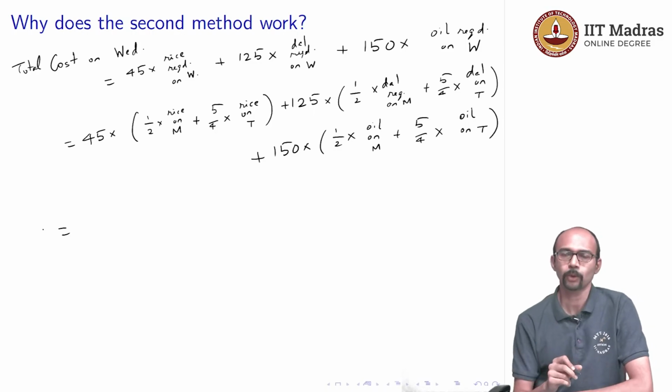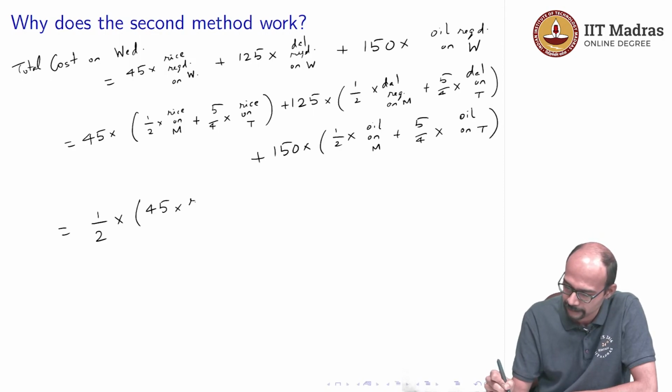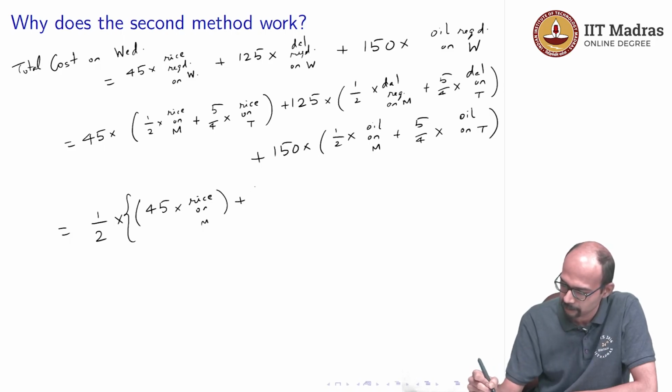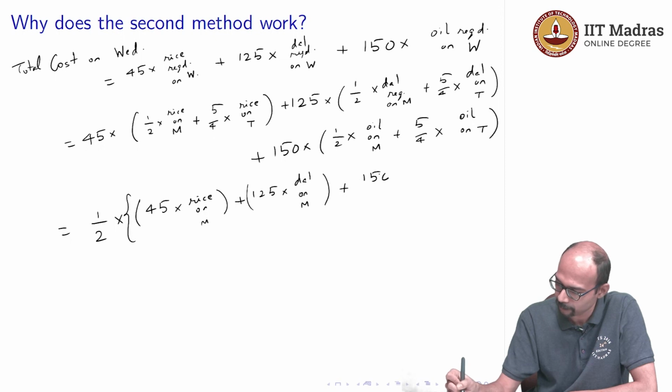Okay, now we can separate out the quantities for Monday and Tuesday. So if we do that, I will do it in one step. Ideally I should have written one more step, but I think you can follow what's happening. So this is half times 45 times rice on Monday plus 125 times, I don't need to put the brackets by Bodmas, but I am anyway, just to be careful, dal on Monday plus 150 times oil on Monday.